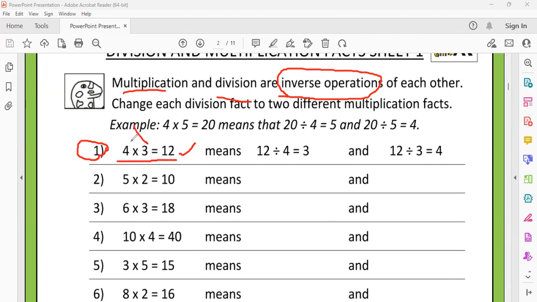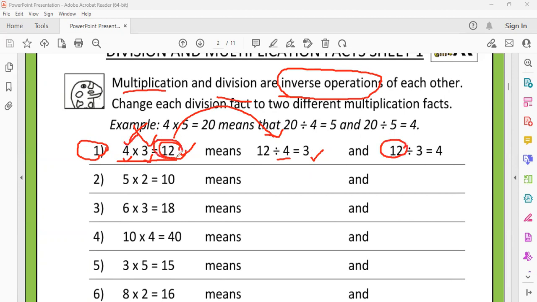This is a multiplication. Change it to a division. It means 12 divided by 4 equals 3. Or you can divide 12 by 3, and the answer will be 4.